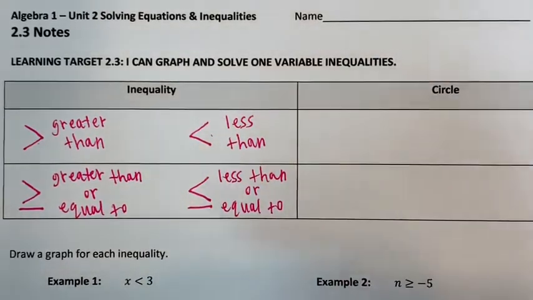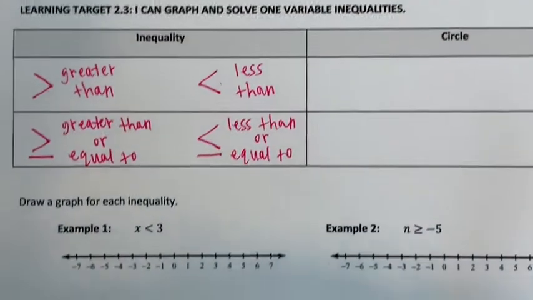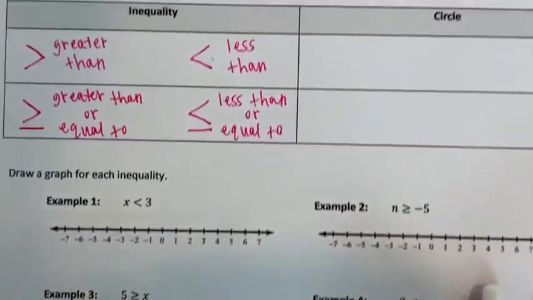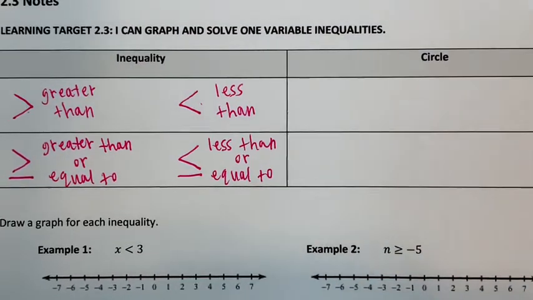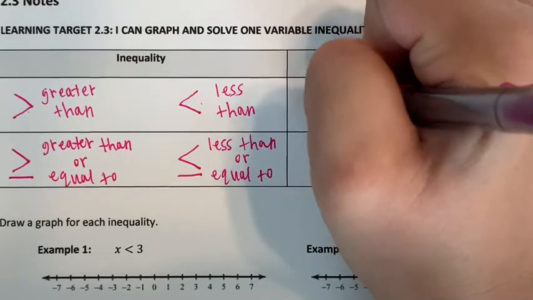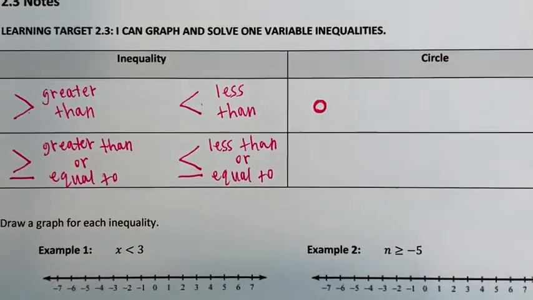When we look to put these on a graph, we have number lines. We need to know what type of circle, and there are 2 different types of circles. When we have greater than or less than, it is an open circle.